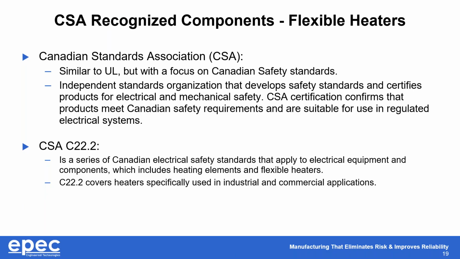CSA is very similar to UL, and there is tremendous overlap. In our experience, if you have an existing UL rating, it's highly likely you can achieve a similar CSA rating. You cannot mark that part, though, with the applicable CSA rating until you've gone through the said tests.